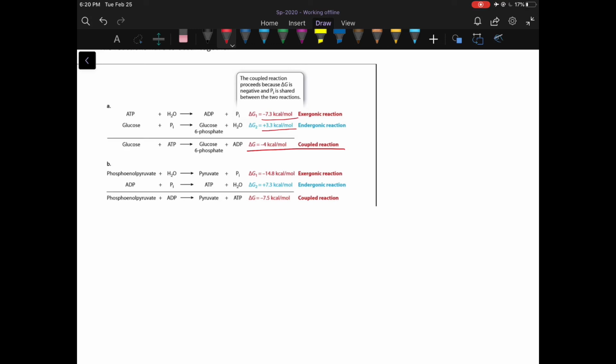All right, for B, it's the same idea. This has a negative delta G, an exergonic or spontaneous reaction, coupled with the other, ADP plus phosphate to ATP, which has a positive delta G, and the resulting delta G is a negative value.